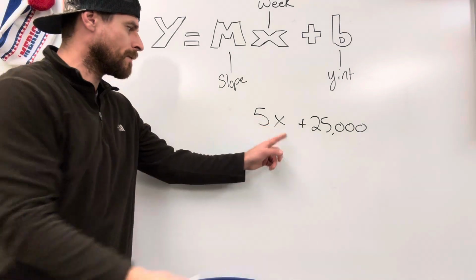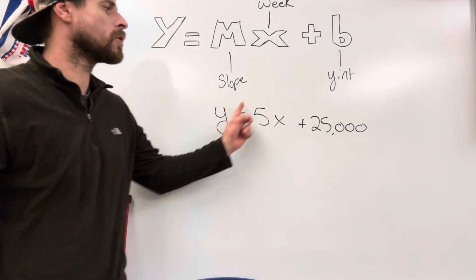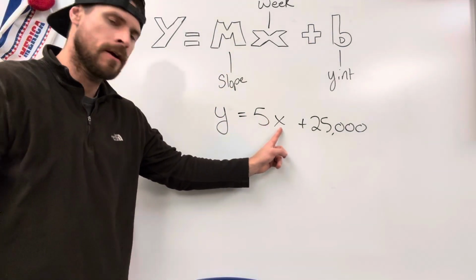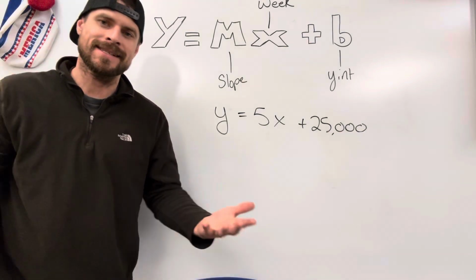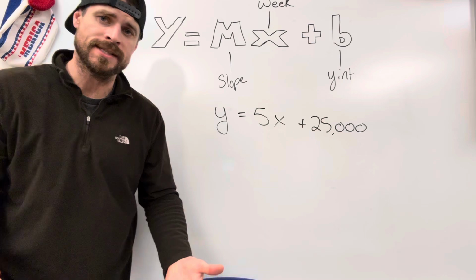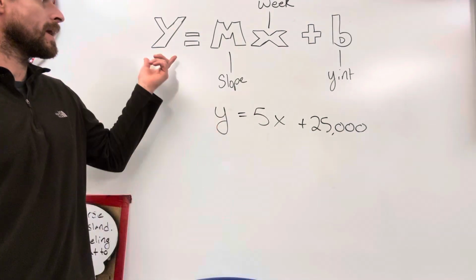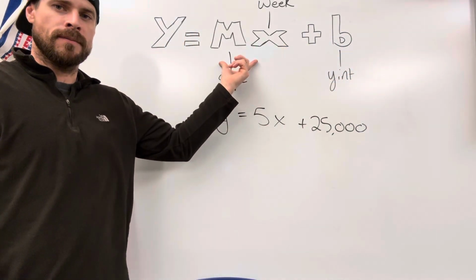You can put whatever value you want in for x, and what it's gonna do is spit out your overall total of baseball cards after the certain number of weeks go by. Okay, this is what linear equations are all about. We can write them also in standard form and point-slope form, but that's a whole other ballgame. Right now, we're just talking about beginnings and changes from there.